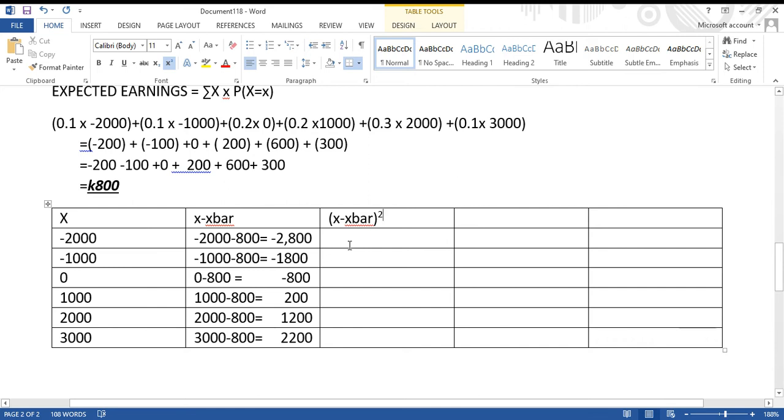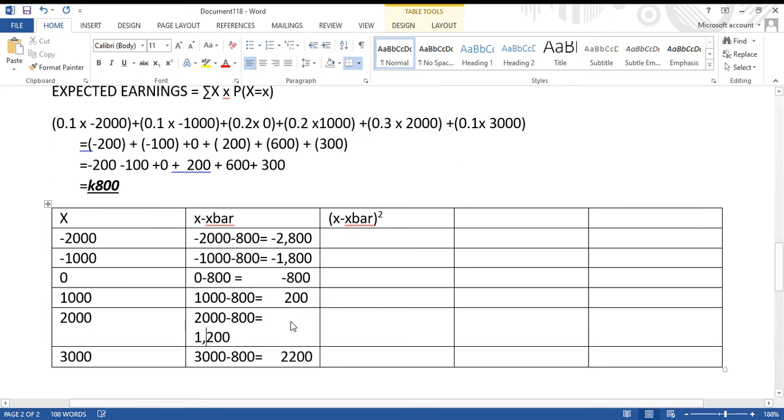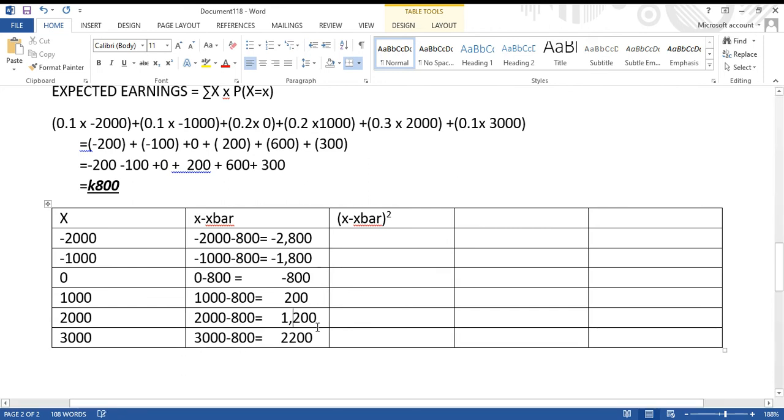What is negative 2,800 squared? Remember, it's the calculators which have to do the talking here. I hope we all have our calculators.